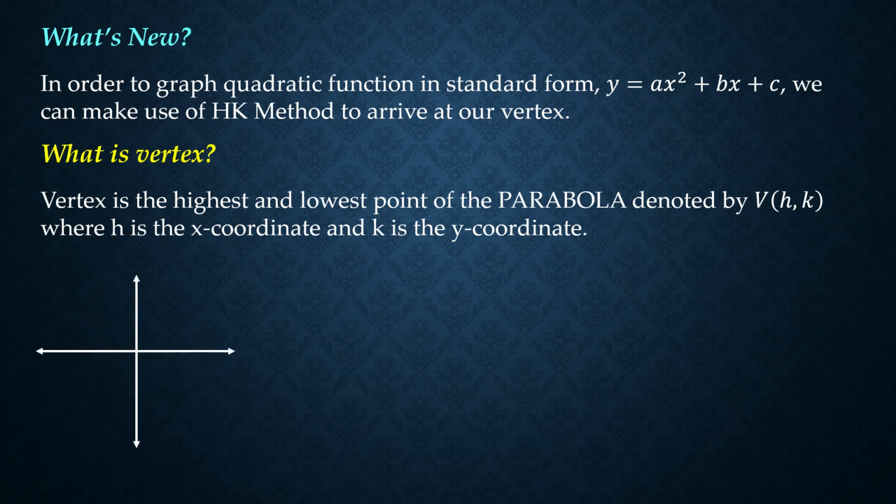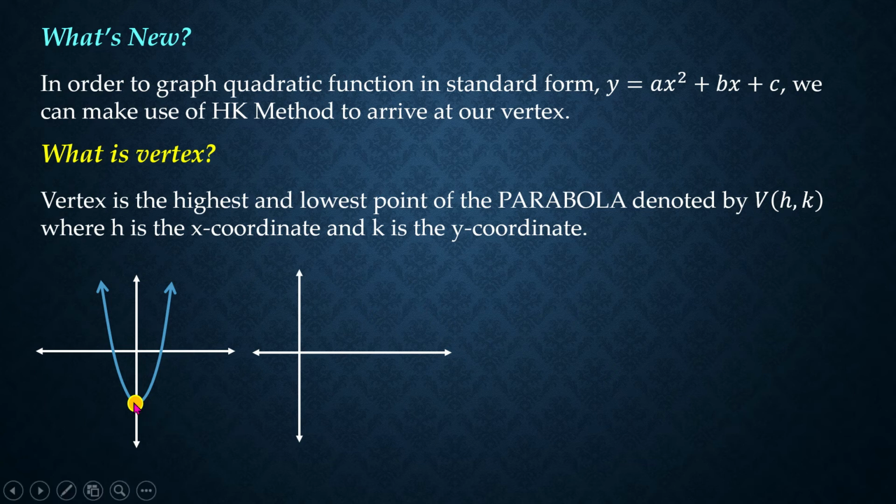So where can we find the vertex in the graph of a parabola? Let us check these two graphs. In the first graph, the parabola is facing upward. The dark yellow point signifies the location of the vertex.